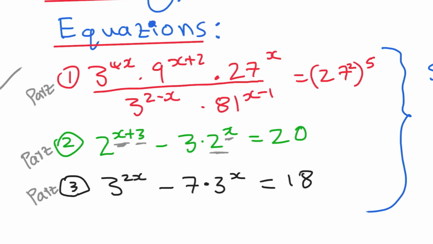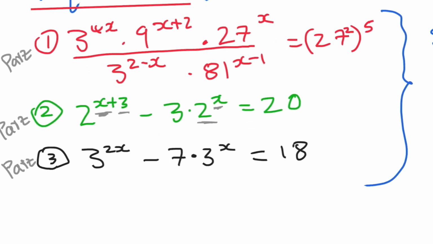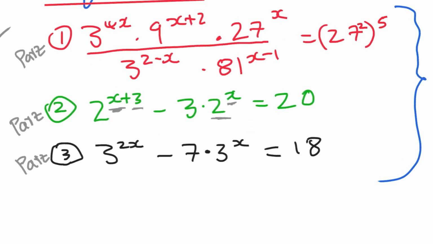And the third one is this one now that is written in black, right? The third one is where the base will be raised to an exponent of a variable. That variable will have a coefficient of 2, right? And then again, the same base will have its own term that will be raised to an exponent of a variable that doesn't have a coefficient.